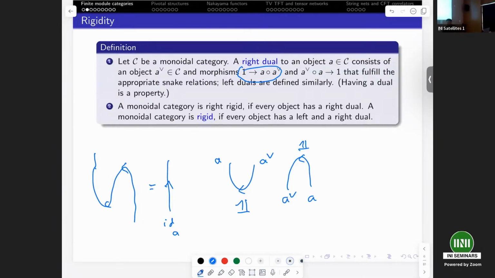That's what we will impose. We will not impose that left dual and right dual are equal, and imposing that two objects are equal is not a good requirement, but we will consider such types of requirements or alternatively conditions on the double dual.